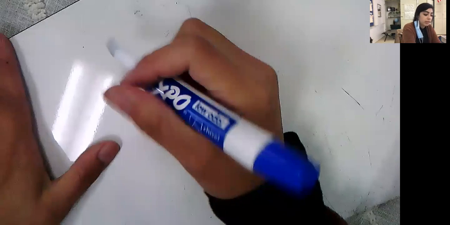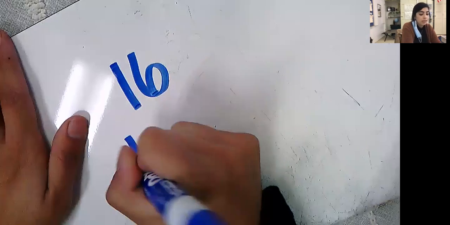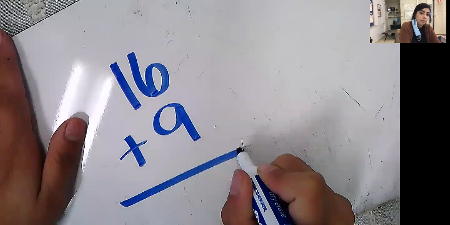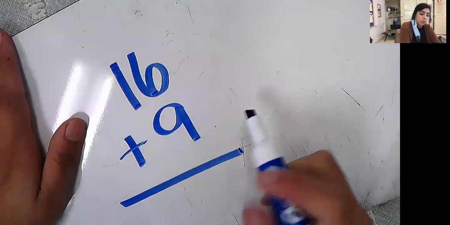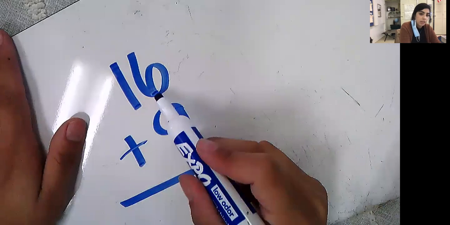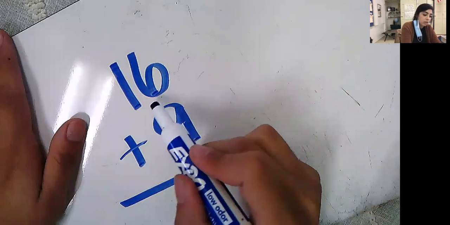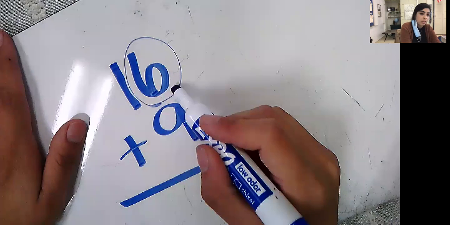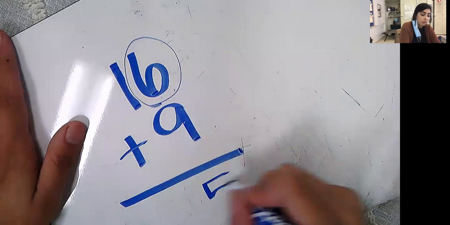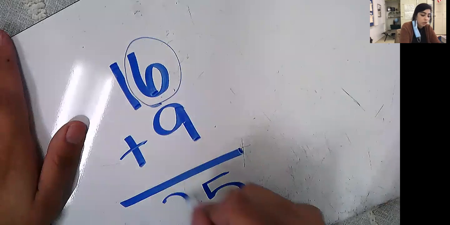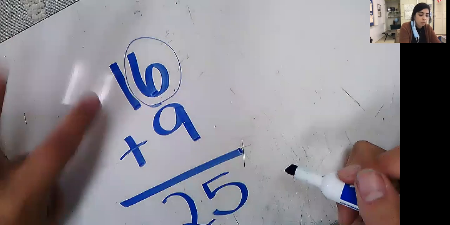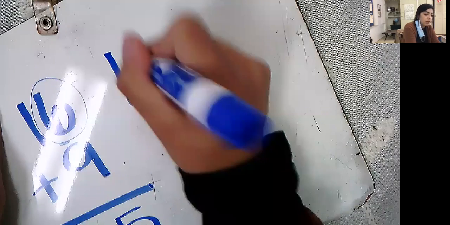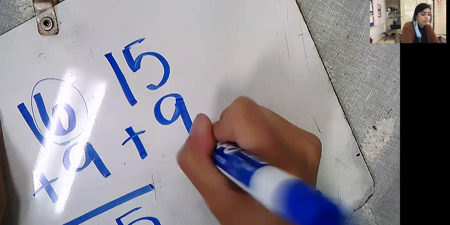So let's say you're doing 16 plus 9. Okay, so what is 1 less than 6? 1 less than 6 is what? 5 and a 2. And then 1 more. Okay, so let's do it again. 15 plus 9.